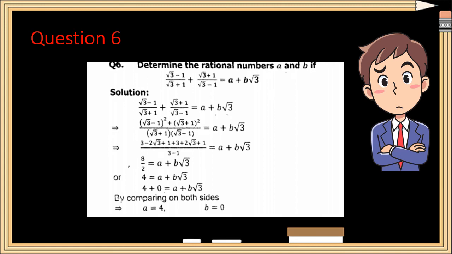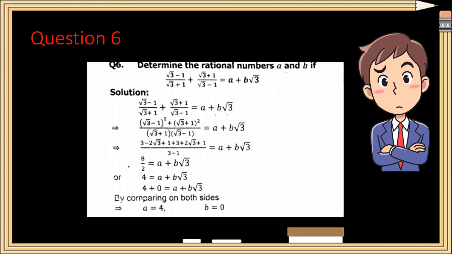So now after the application of formula, you have 3 minus 2 square root of 3 plus 1 plus 3 plus 2 square root of 3 plus 1, divided by, in the denominator, (a plus b) and (a minus b), a square minus b square. So a square will be square root of 3 whole square, which is 3, and 1 whole square, which is 1. So 3 minus 1 will give you 2.